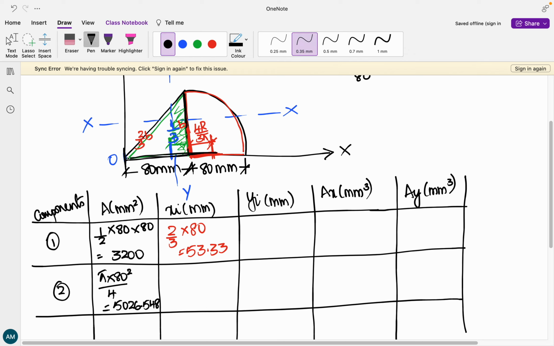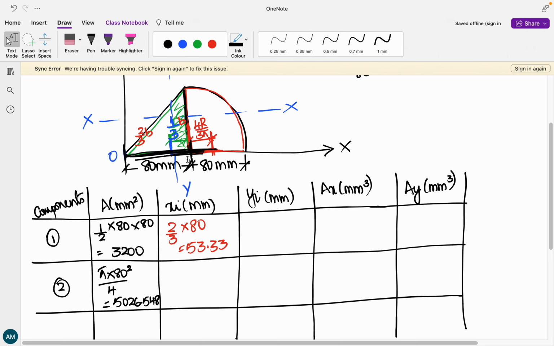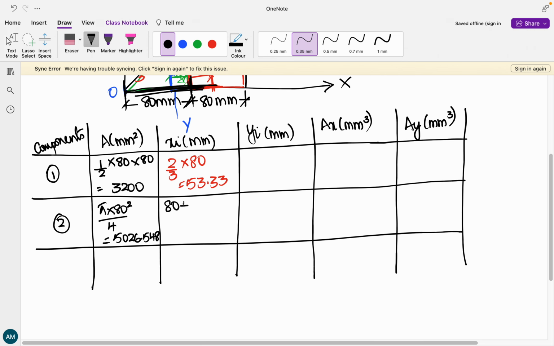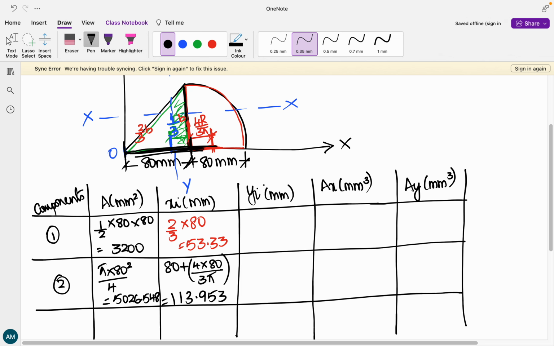From the centroid to this point, it is 80 plus 4r by 3 pi. 80 plus 4 into 80 divided by 3 pi. Let us calculate this value. It is 113.953.